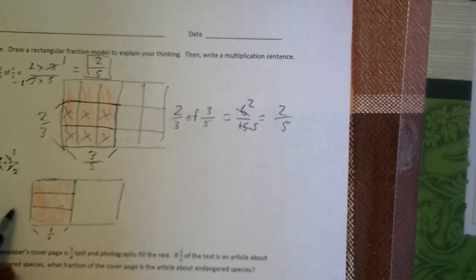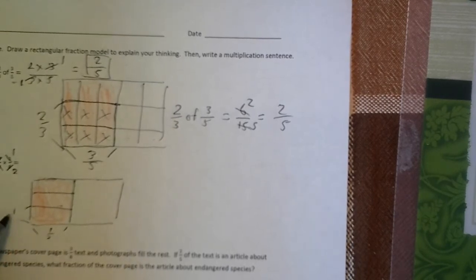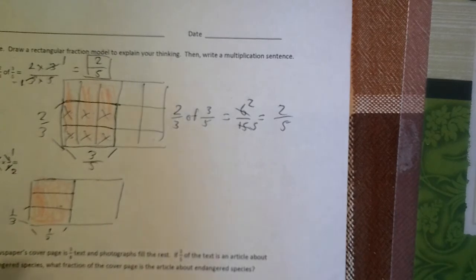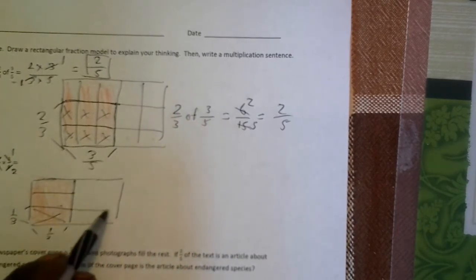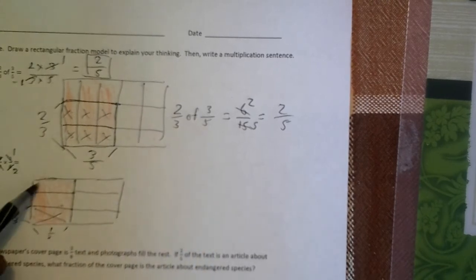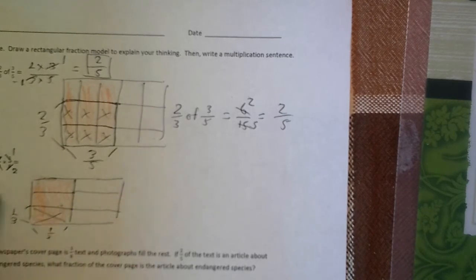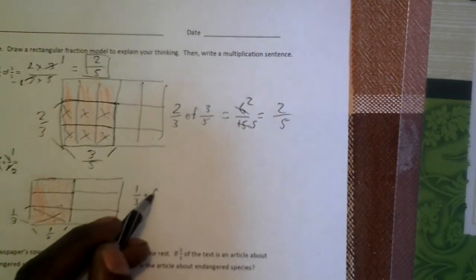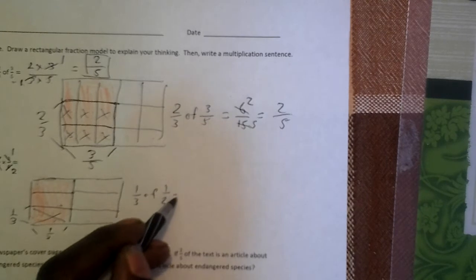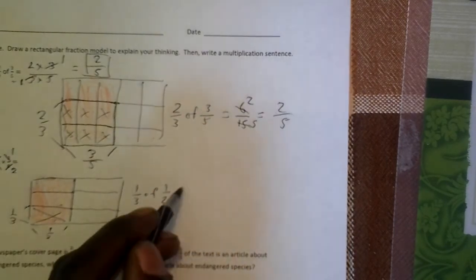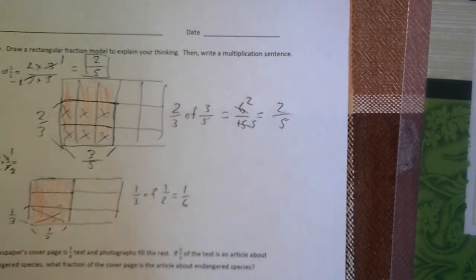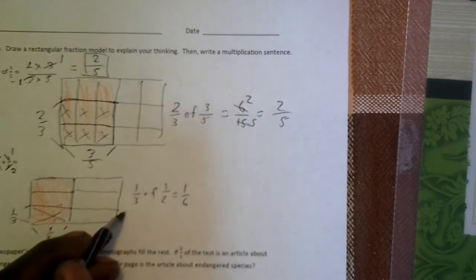So this is 1/2, and we need 1/3. So we need to find out this section out of the whole piece. Let's carry our lines across. We have 1, 2, 3 going down times 1, 2 across. So 3 times 2 is 6, and out of the 6 we have 1. So we know that 1/3 of 1/2 equals 1/6.